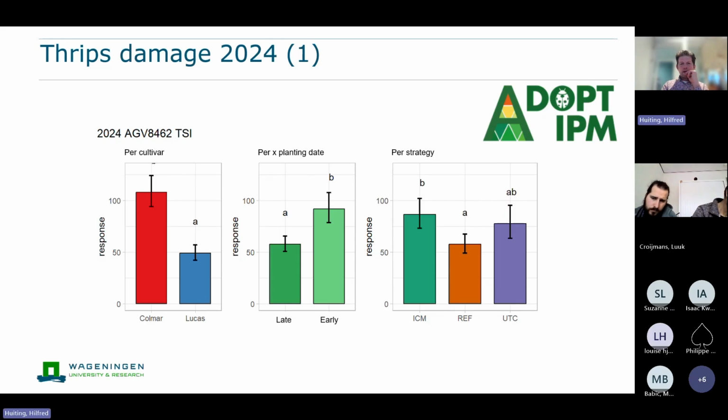But it's clear, at least, that the cultivar effect is there, and we have to find out what was happening with the planting dates, and also with the spraying strategy, because that's probably in the details of what was used when and where to explain this.